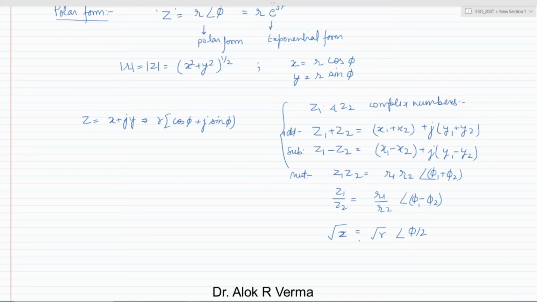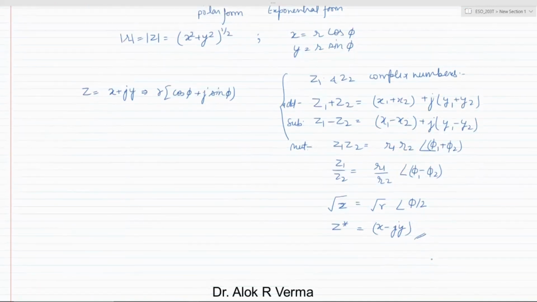These are different properties, just to recall. And the complex conjugate z star is nothing but x minus jy. So these are basically the representations in phasor terms or complex numbers.